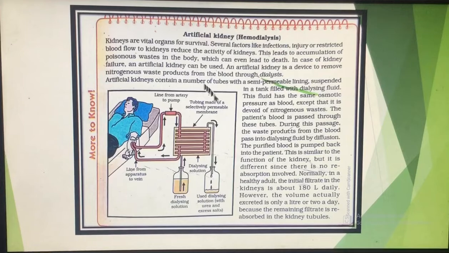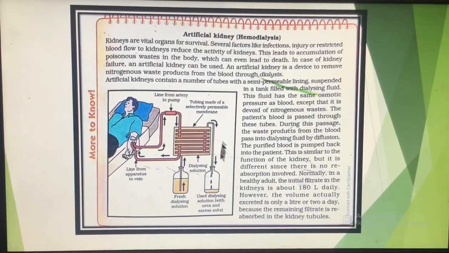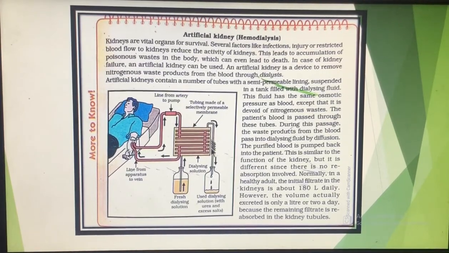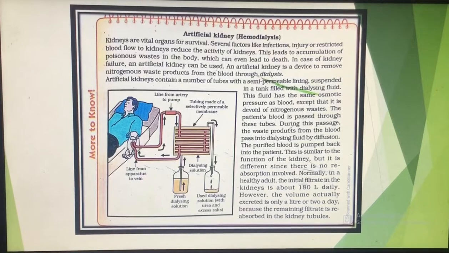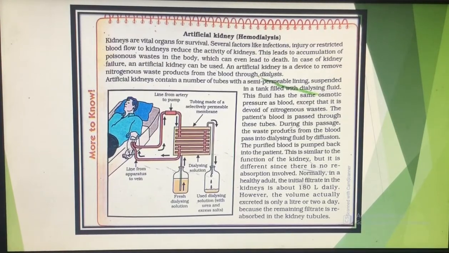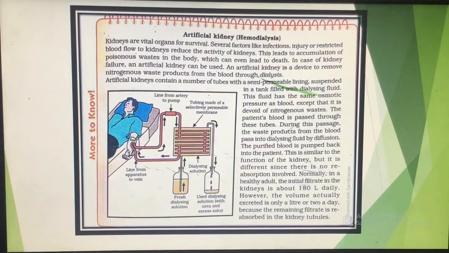So this is known as a dialysing chamber, and this machine is known as a hemodialysis, which purifies our blood. Otherwise the poisonous nitrogenous waste material would get concentrated in the blood, because it may lead to death. So this is regarding the artificial kidney or the hemodialysis.